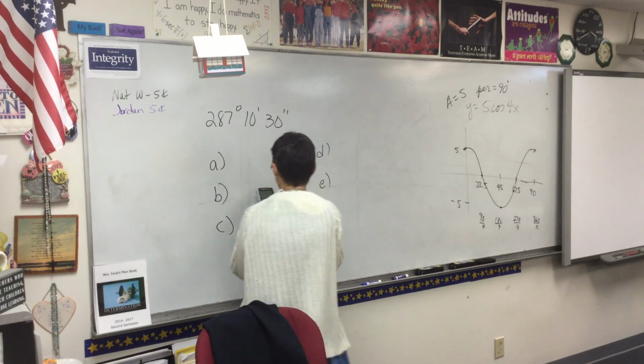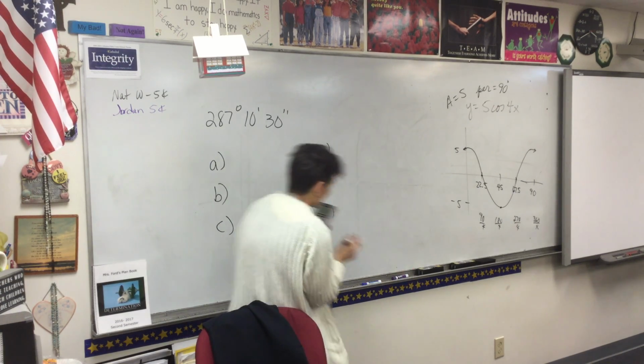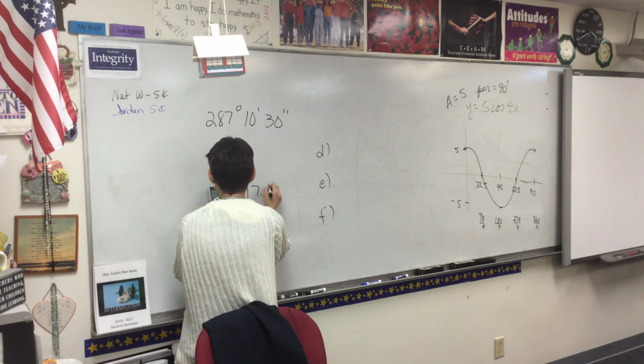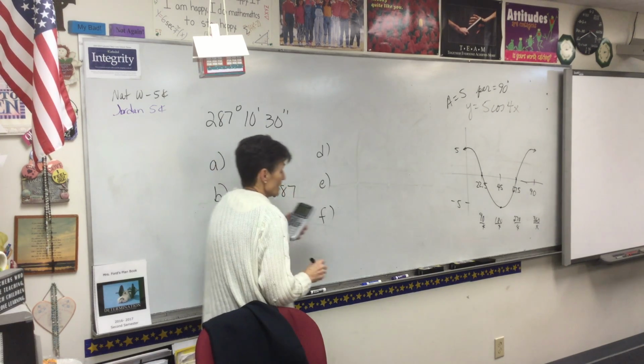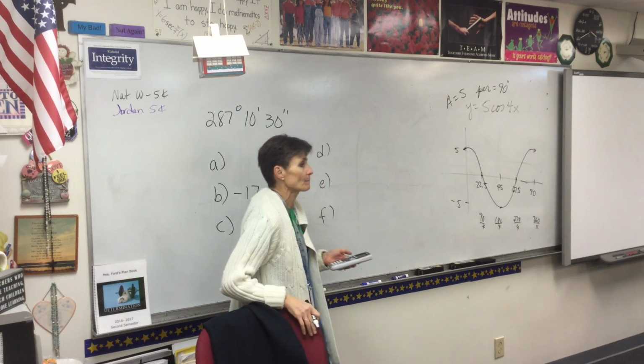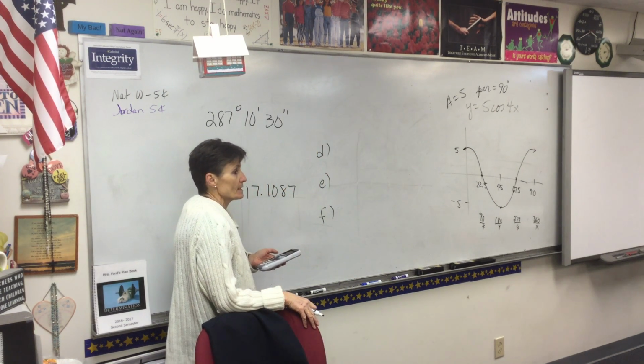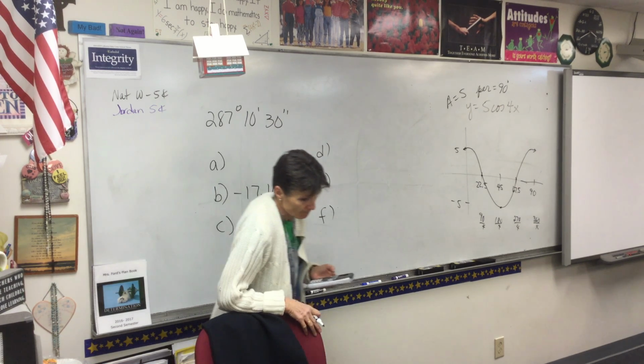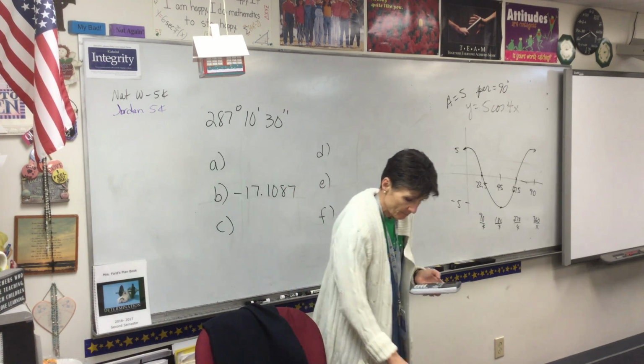And the answer, which one is this? B? B is negative 17.1087. Notice I am rounding to 4 decimal places. Why? 10,000. Following directions.